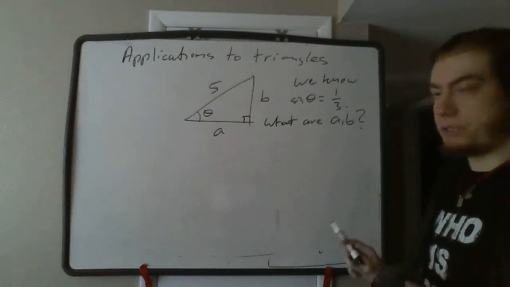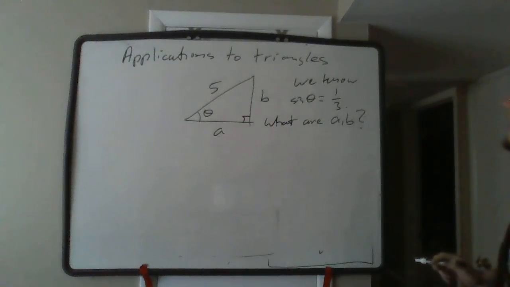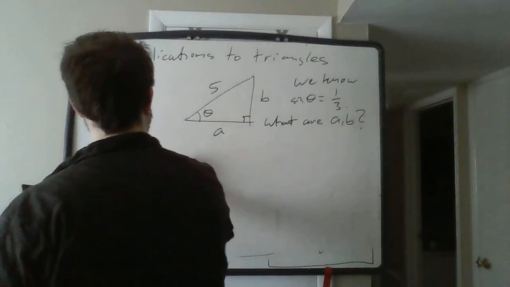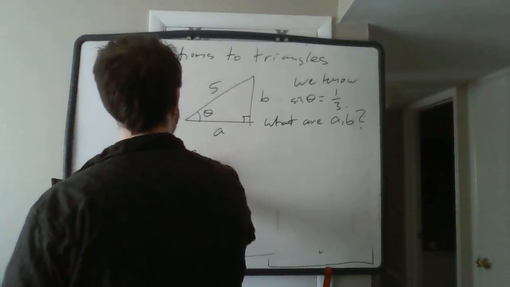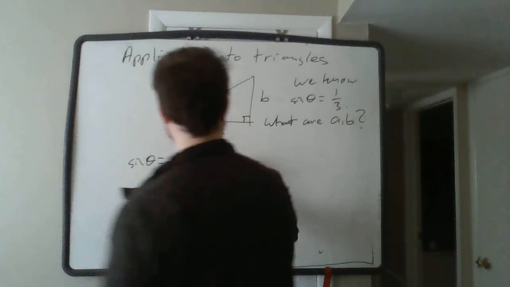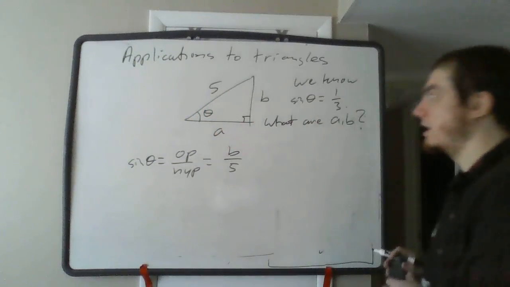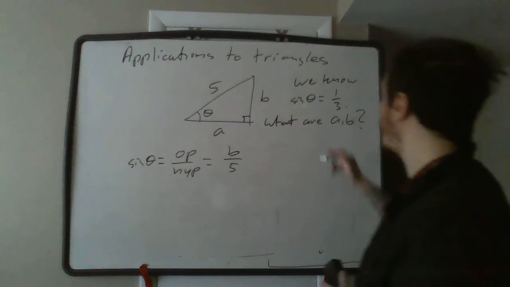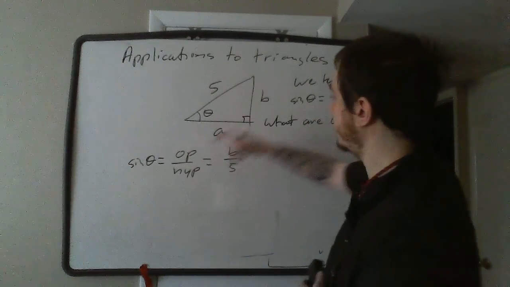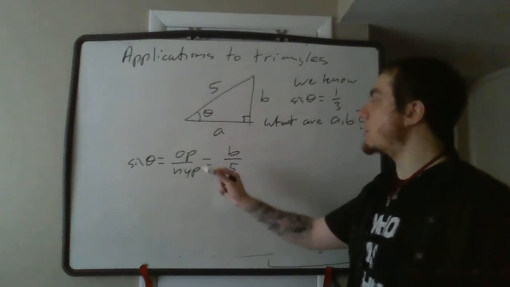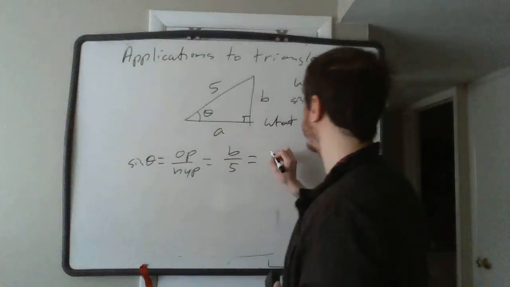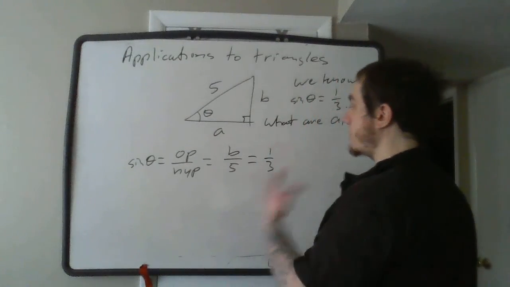Well, the way that I can answer this question is I can say, okay, sine of theta is opposite over hypotenuse, which is B over 5. But the sine of theta is also given to me as 1/3, so I can set B over 5 equal to 1/3.